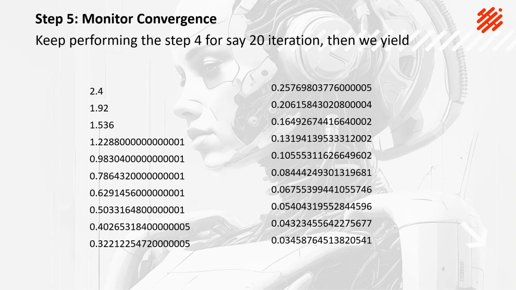In general we can say continue updating ω until it converges to the minimum value. You can set a stop criterion, either the number of iterations to be performed or the change in ω being minimal.